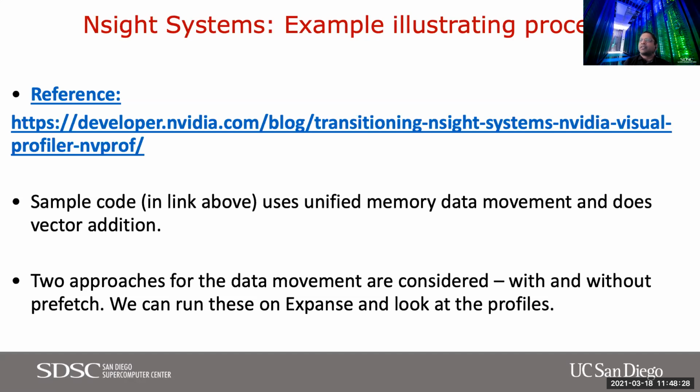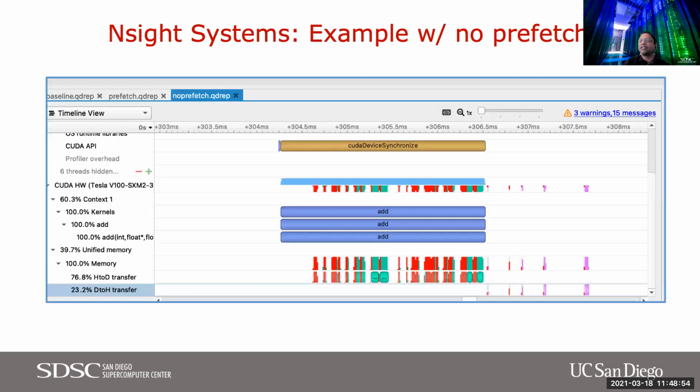So one thing I wanted to show is how can I use Nsight Systems to get some insight. This is a good example from NVIDIA where they have a sample code that uses unified memory data movement and does a memory addition. What the example does is look at the two approaches for this data movement, with and without prefetch, and you can see how that looks on the profiles.